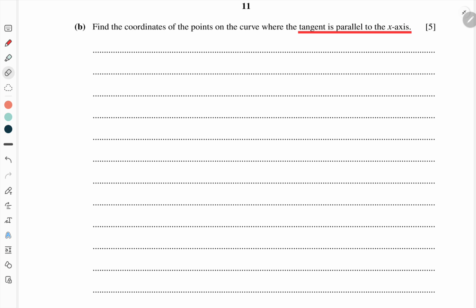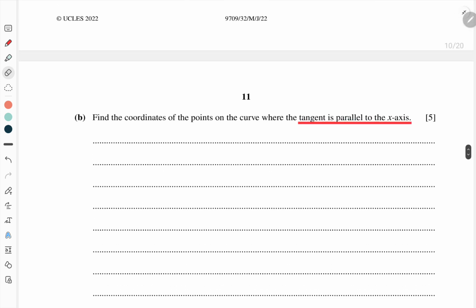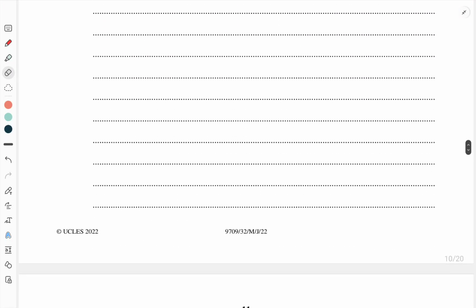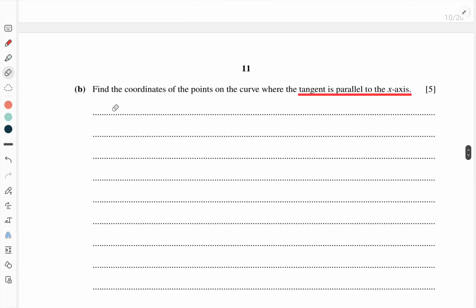So we get our dy/dx. We managed to show that as (x squared plus 2xy) over (y squared minus x squared).